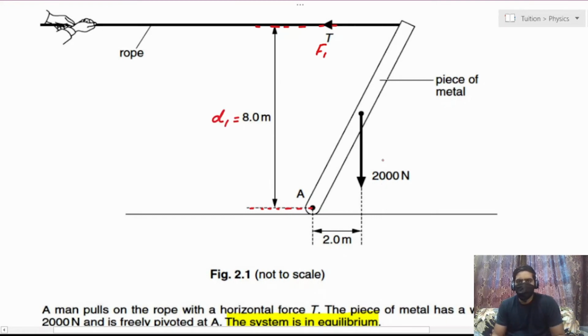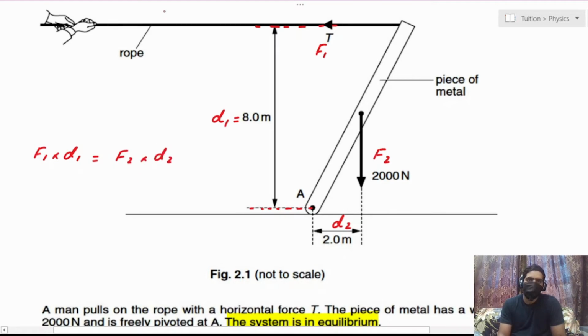And the 2000 newton that produces clockwise moment, you can call it F2, and the perpendicular distance between that force and the pivot is given as 2.0 meters. You can call it D2. Then you can simply apply the principle of moment. F1 into D1 equals F2 into D2.